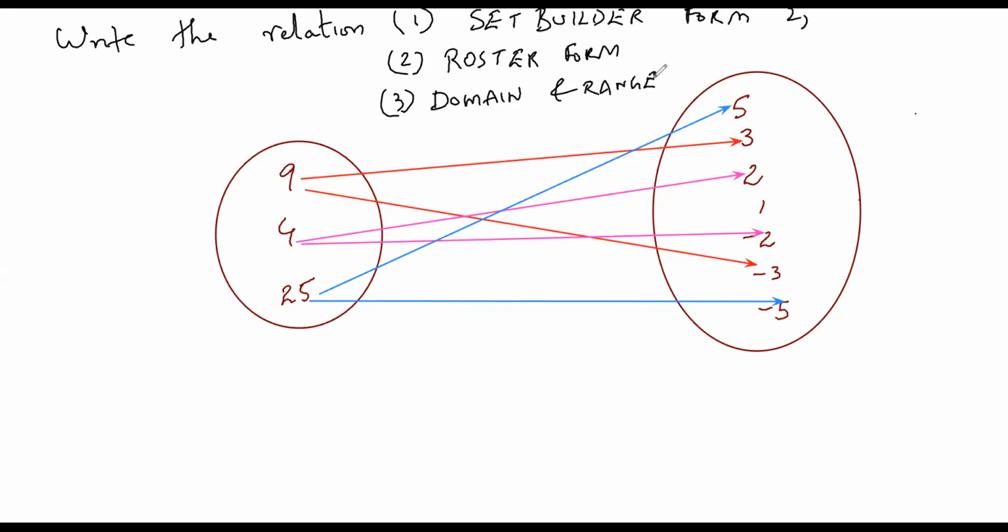If it is set builder form, the first question is set builder form. How do I write it? R is equal to, it's a very easy thing, x comma y, x is the square of y.